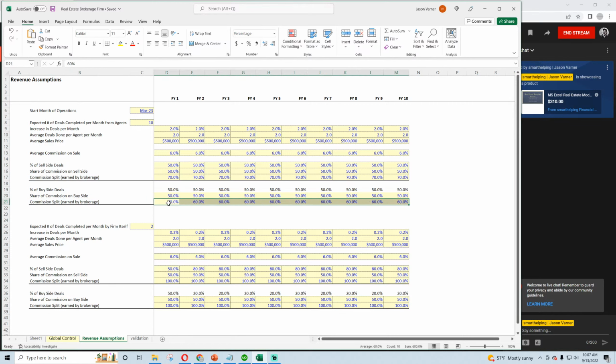But I think for the purpose of this, it's quicker and better to just say, here's the average sales price of all the deals we do, whatever that number is. And if you had actual data, you could figure out that number just by taking an average of all the deals. And then it's saying X deals are sell side, Y deals are buy side, and that's your volume.